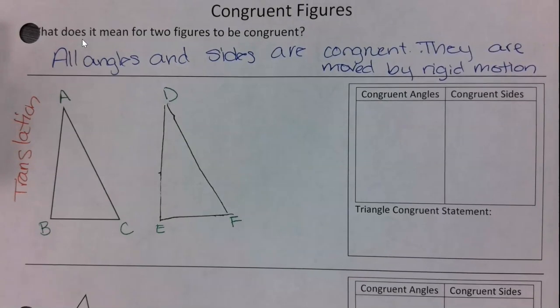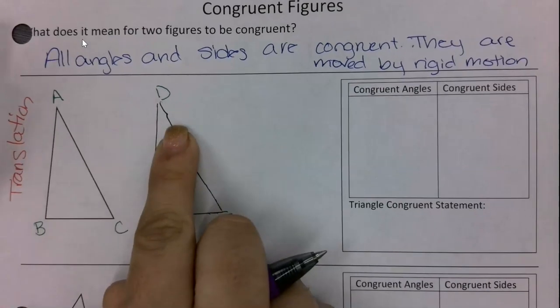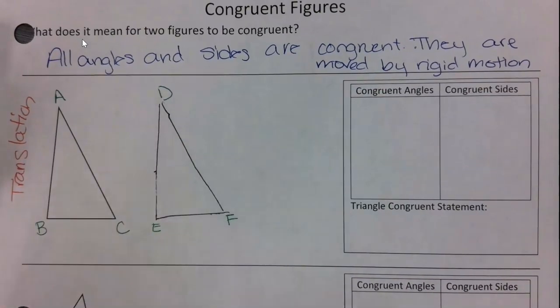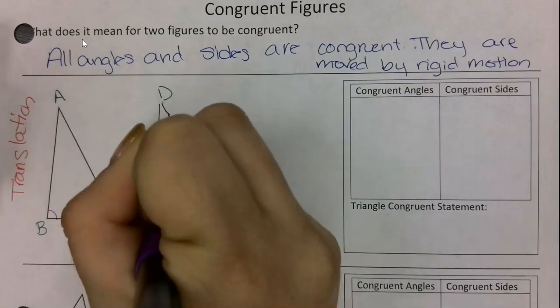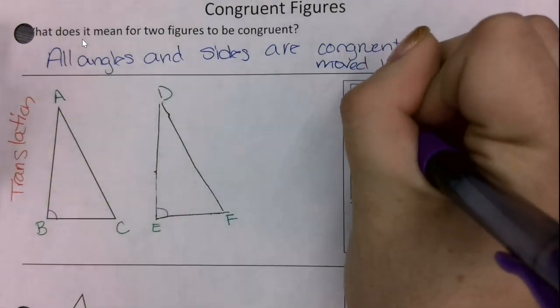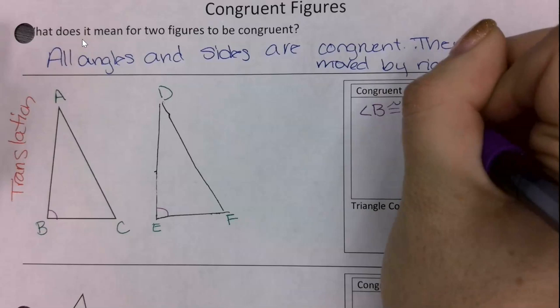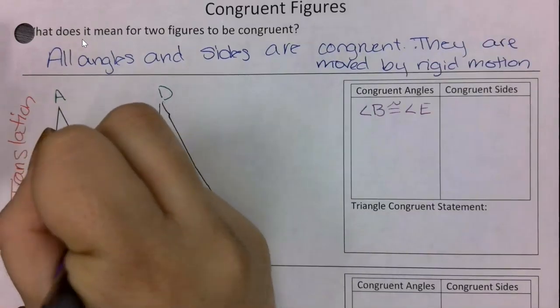So what things are the same in this picture? Let's start by looking for angles that are congruent. Remember, I just slid this picture over. E and B. Okay.